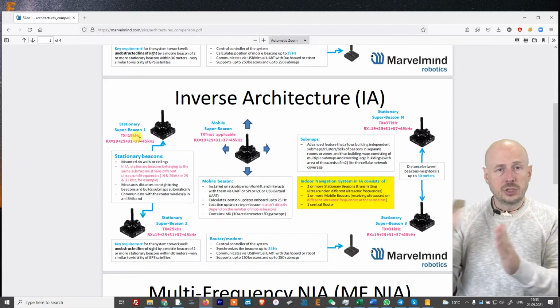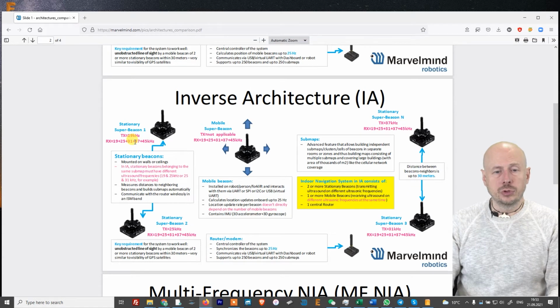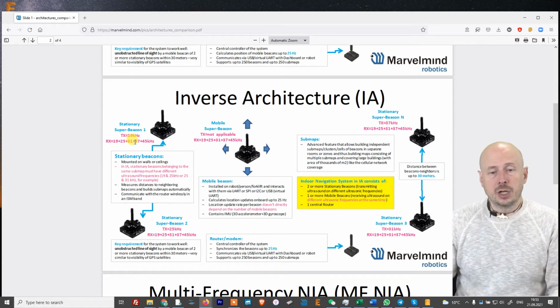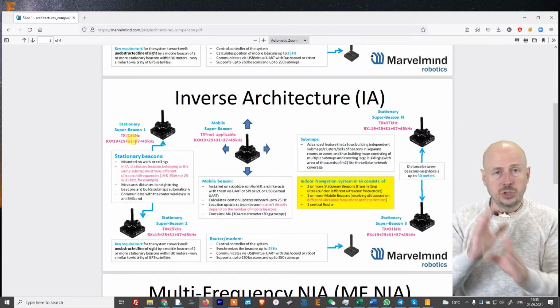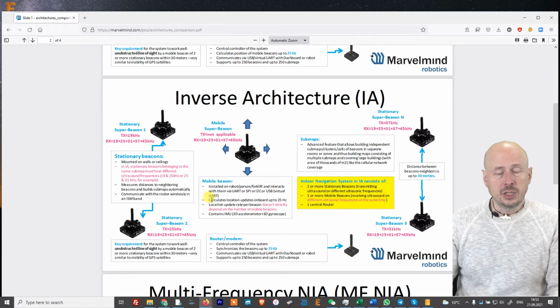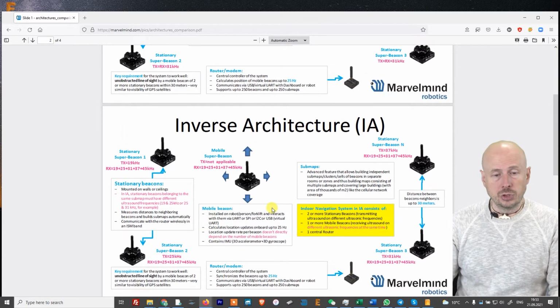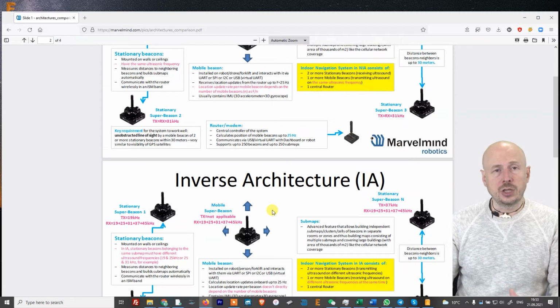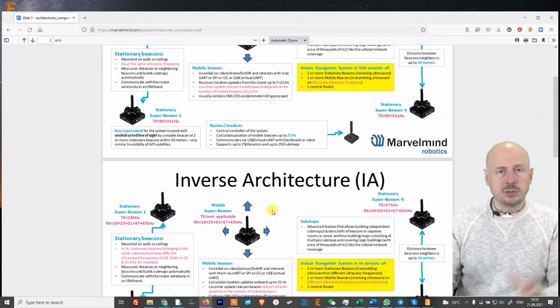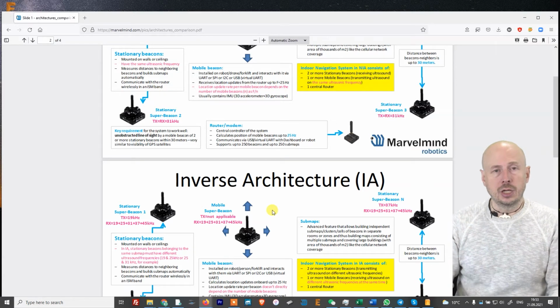As you see, there is a 6 kilohertz step between them, because we need to receive all of those frequencies at the same time and be able to separate them from each other, because we need to receive them simultaneously. It's a pretty difficult technical task, but since we have digital filters inside, we are capable of doing this. But this makes inverse architecture like 10 times more complex. Not only because of this, but this is already enough.